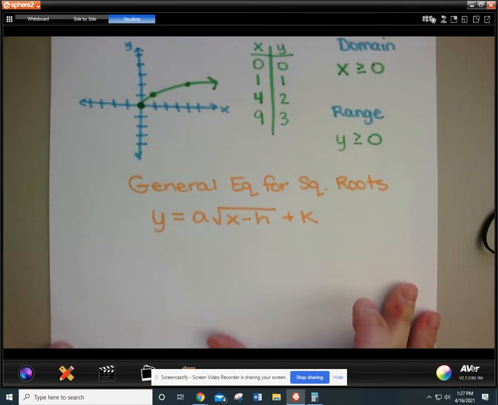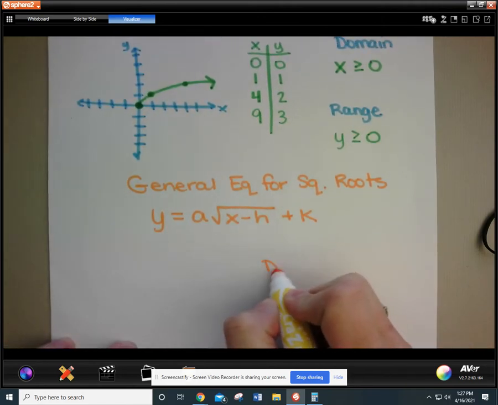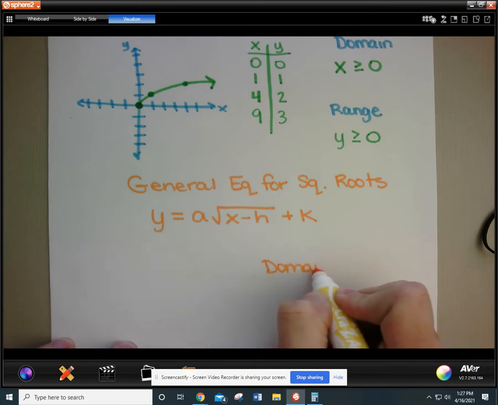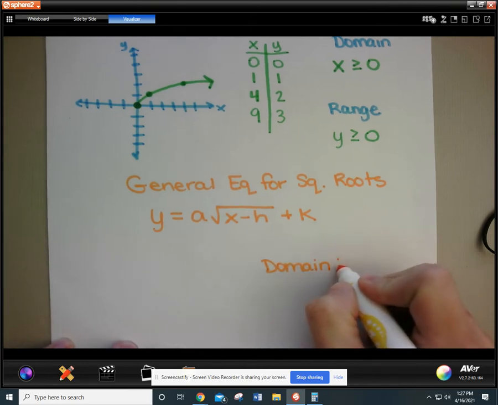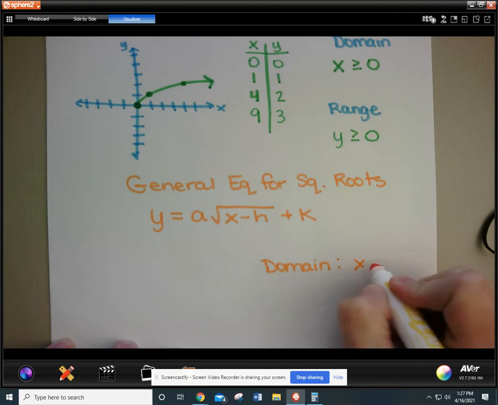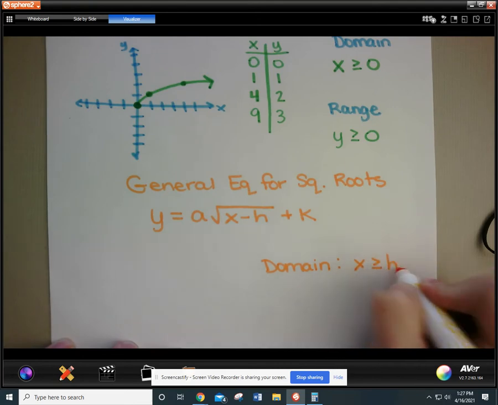So one thing to know about this is that the domain is going to be x's greater than or equal to our h.